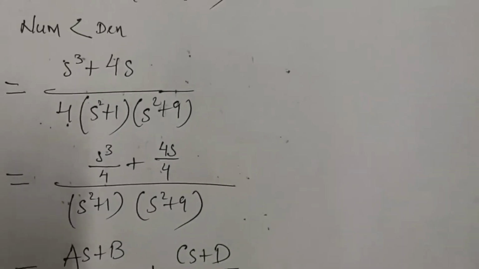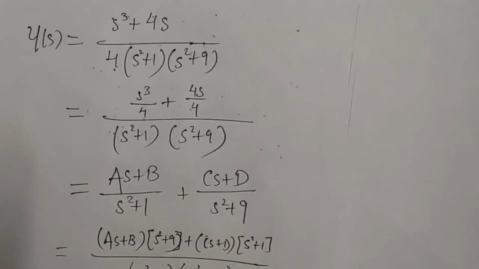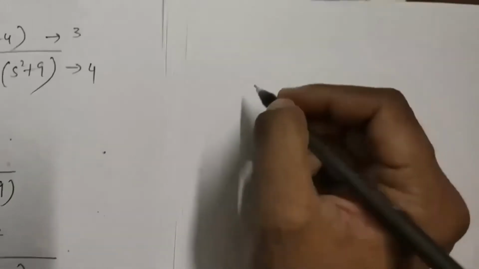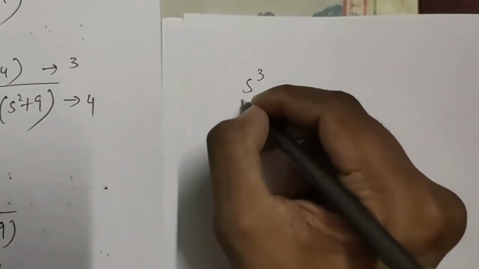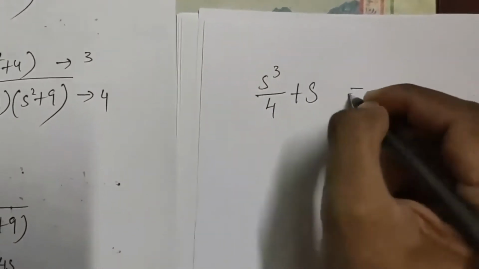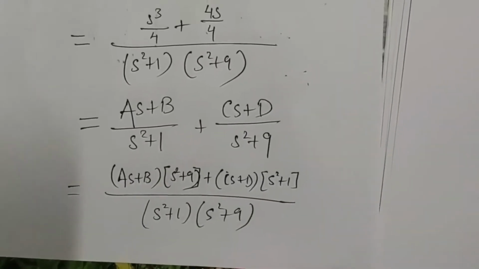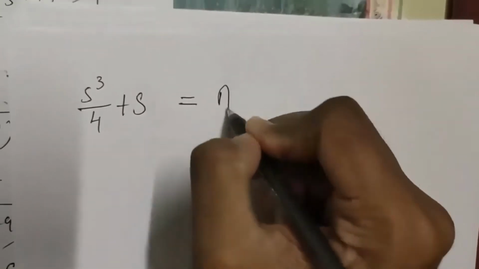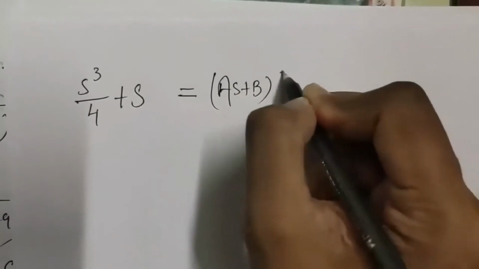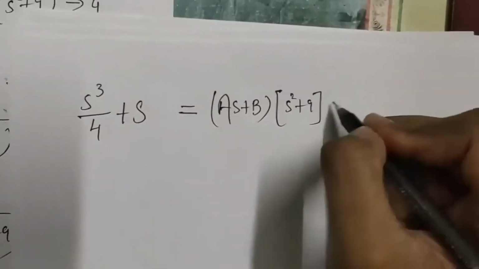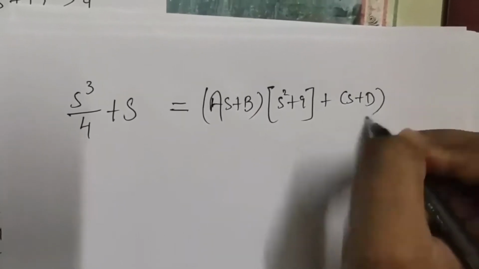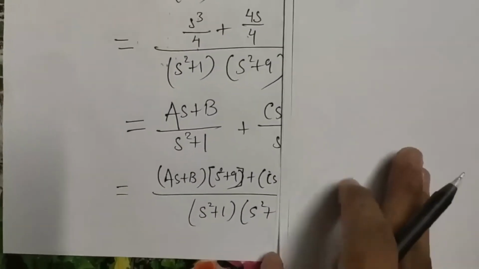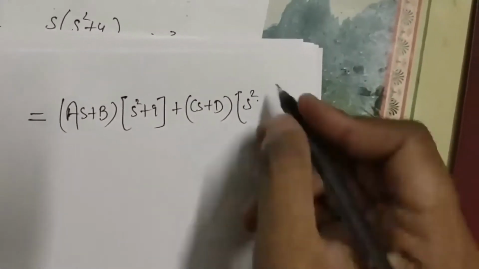The numerator is anyhow s cube by 4 plus s. So s cube by 4 plus s is equal to (as plus b) into (s square plus 9) plus (cs plus d) into (s square plus 1).